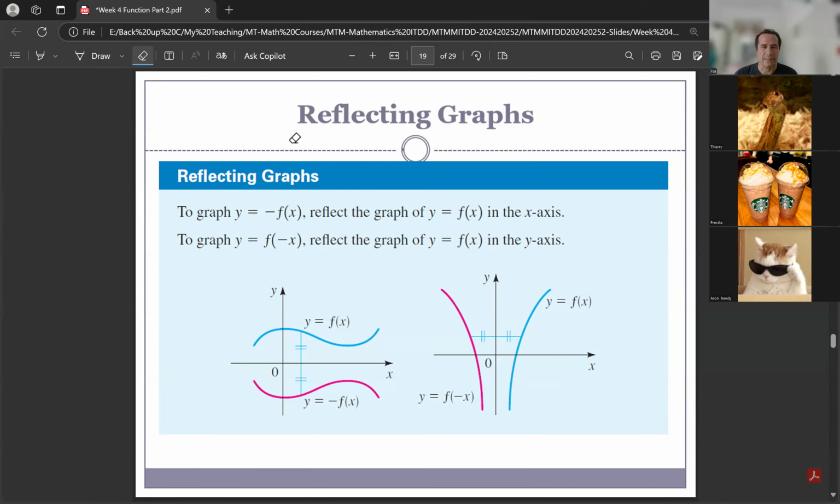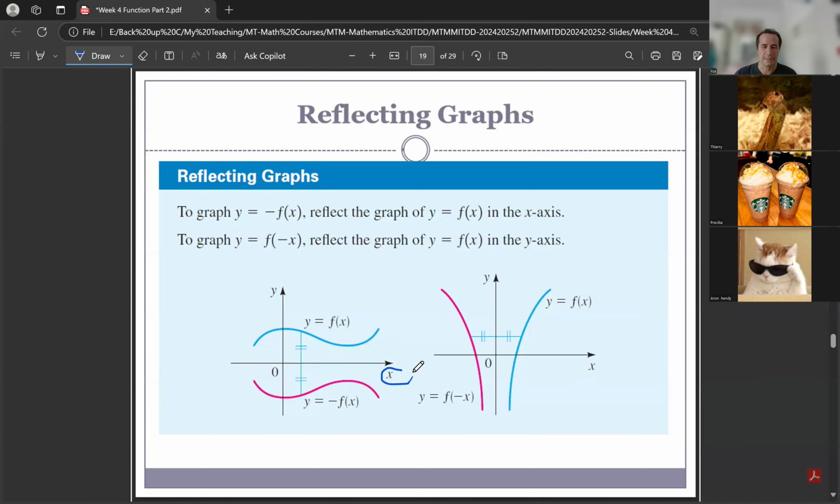Okay, we discuss reflecting, the second transformation. As I told you in the previous slide, reflecting can be divided into two kinds: reflect in the y-axis or the x-axis. This is reflect in the x-axis.